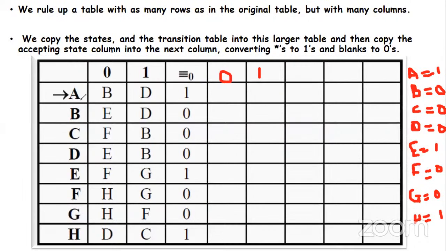At the first instance, once you're at A, you receive a 0, you move to B. Once you're at A, you receive a 1, you move to D. But now, B has taken up a new value. And what's the new value of B? Equals 0. The new value of D equals 0, giving this 0 equivalence.